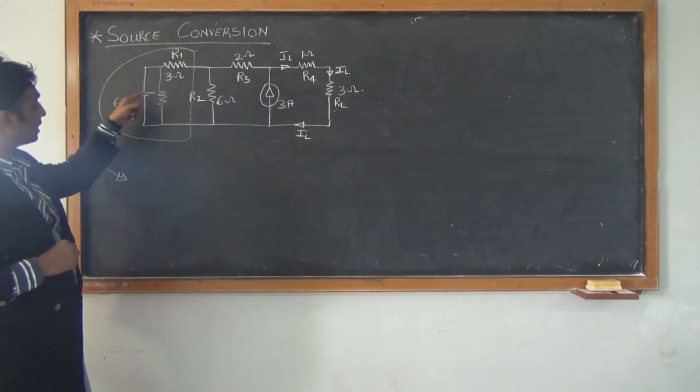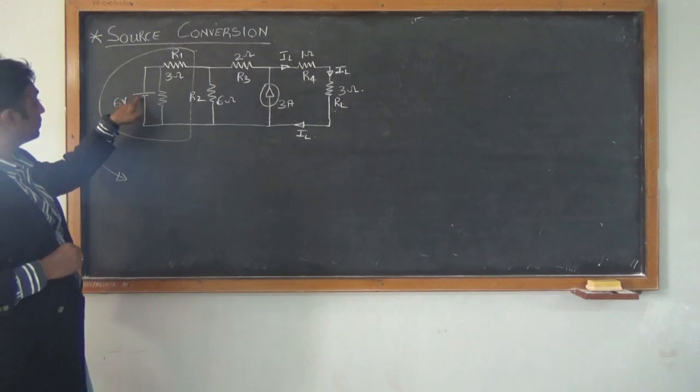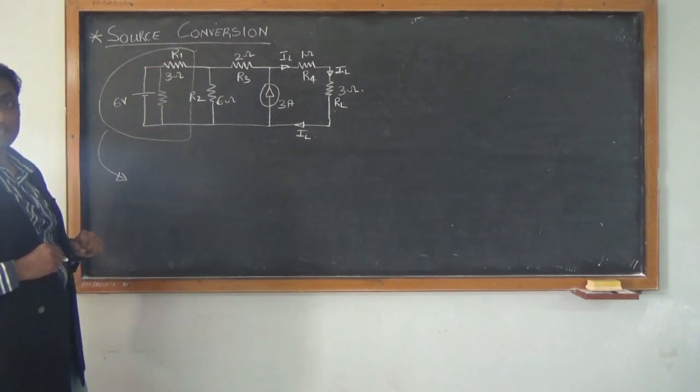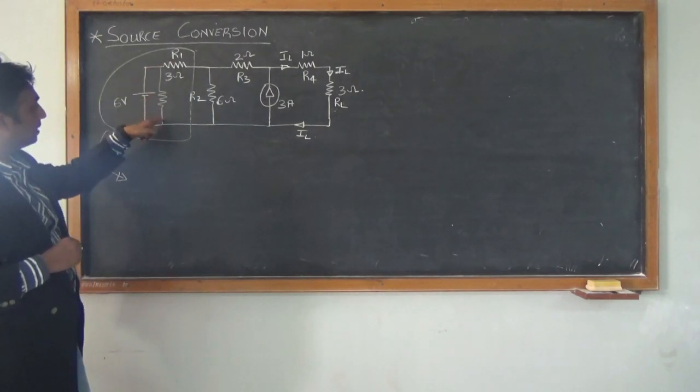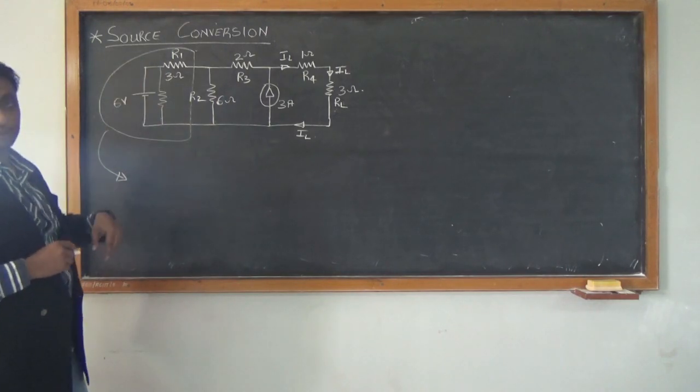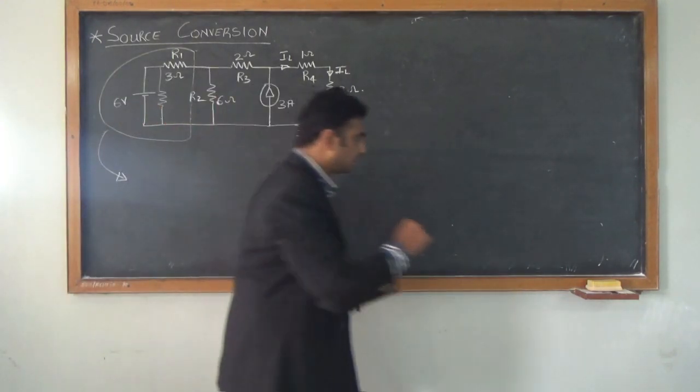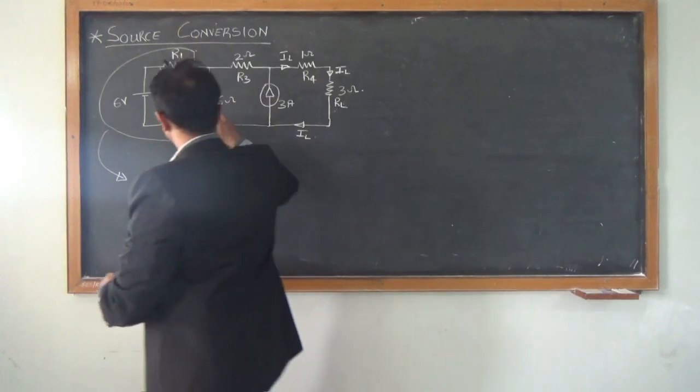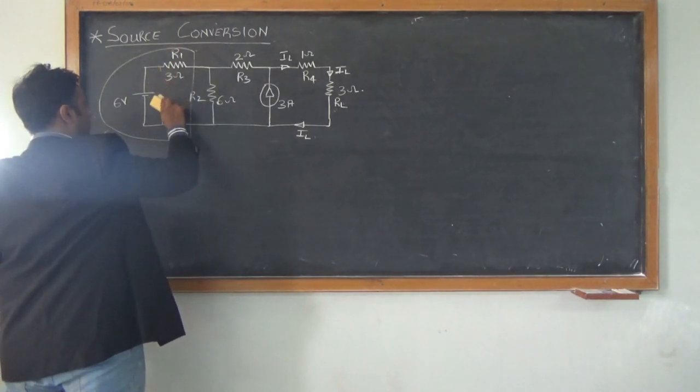It can only be converted if the voltage source is in series with the resistor. So if we have a resistor in between like this, we cannot use source conversion. This is basically the only drawback of the conversion technique.